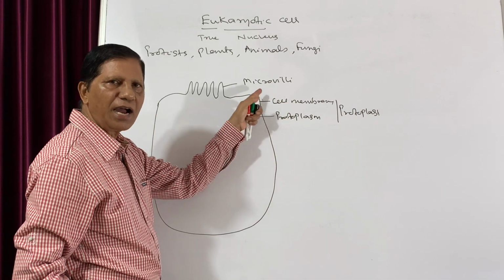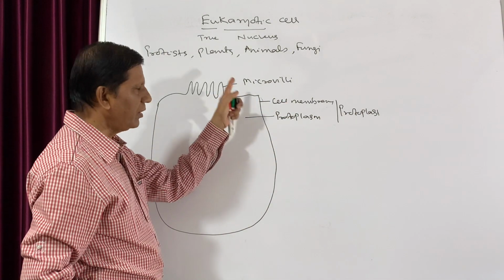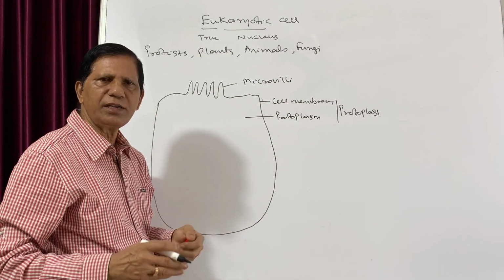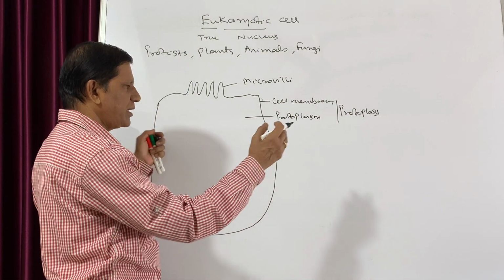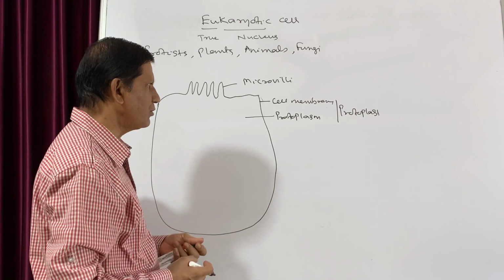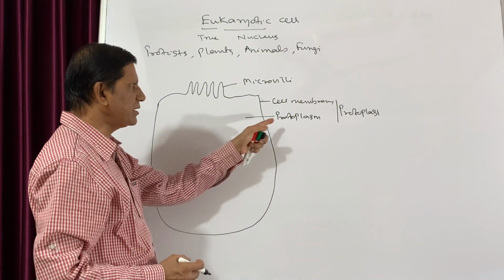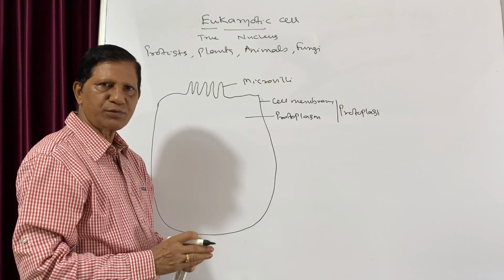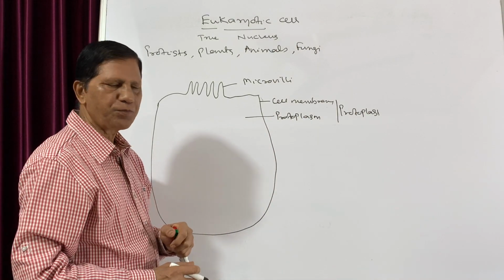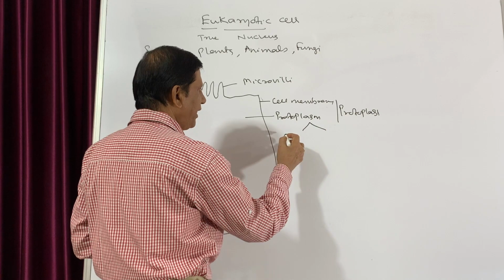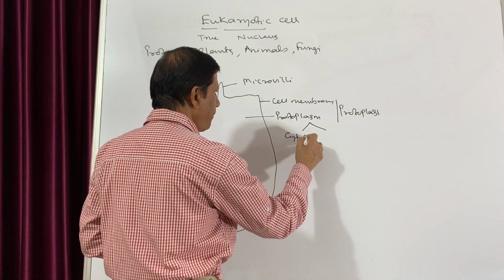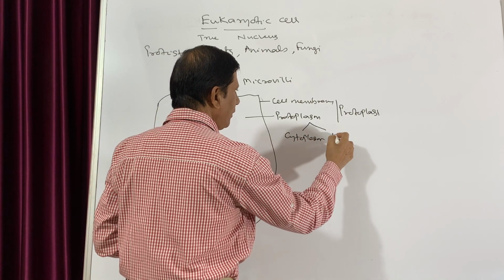The cell membrane is the outer membrane in animal cells, which is usually selectively permeable, and it allows substances to come inside and go outside, and it encloses a matrix-like substance known as protoplasm. Now the protoplasm we can divide into cytoplasm and a nucleus.